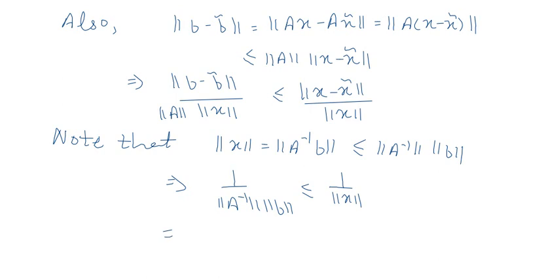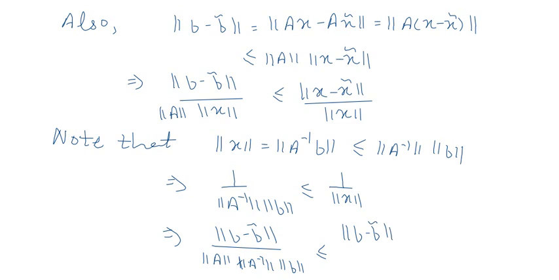So this implies norm of B minus B tilde by norm A, I have multiplied by this, times norm A inverse times norm of B is less than or equal to norm of B minus B tilde divided by norm A times norm x, that is less than or equal to norm of x minus x tilde by norm x from above.